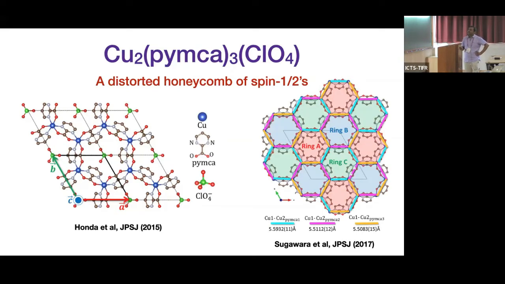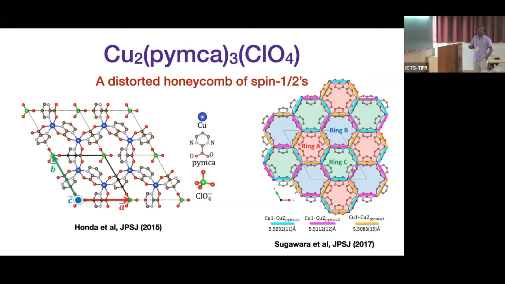This lattice is distorted in the sense that although honeycomb is of course a very simple lattice, there is a slight variation on that lattice that this material exhibits. That variation is that the bond lengths are not all equal. So it's a distorted honeycomb.